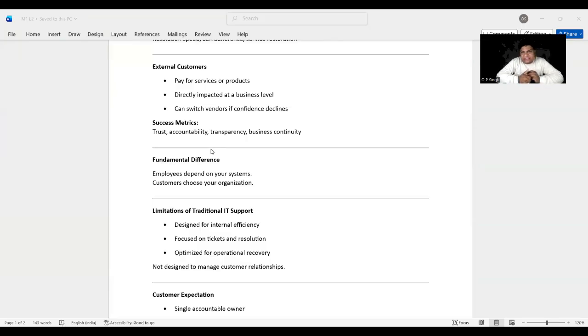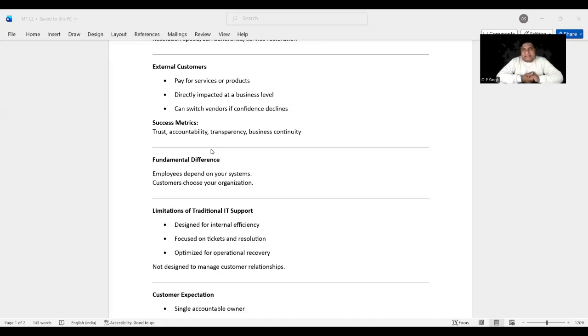These traditional IT support models are designed to optimize ticket handling, queue management, and incident resolution. For the internal environment, this works extremely well, because the objective is to restore the services and resume productivity as soon as possible. But this is not the case for the customer. When the same model is applied to the customer, there are certain gaps which need to be filled and which are generally not filled.